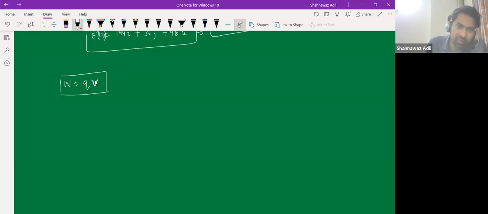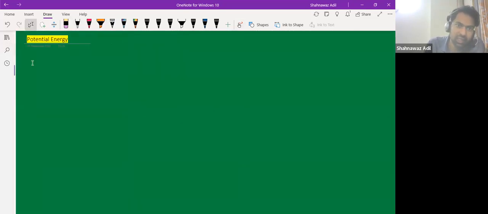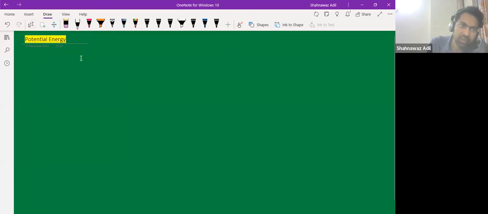This is the electric potential. But if we write it in the form of potential difference, that would be Q times VB minus VA. If we are taking the charge from infinity to a fixed point, that is simply QV, and if we are taking it from A to B, that is this. So recalling this, let us understand what potential energy is.